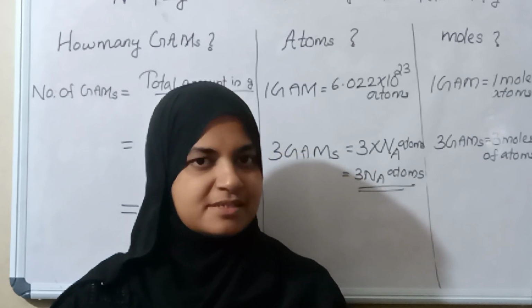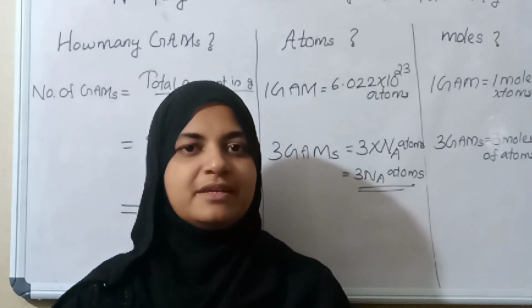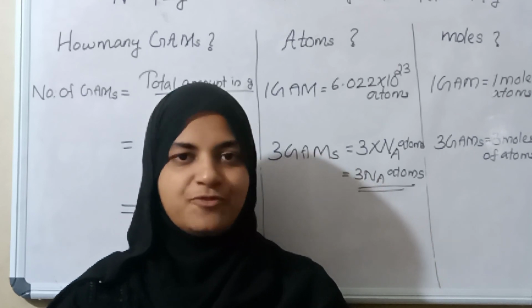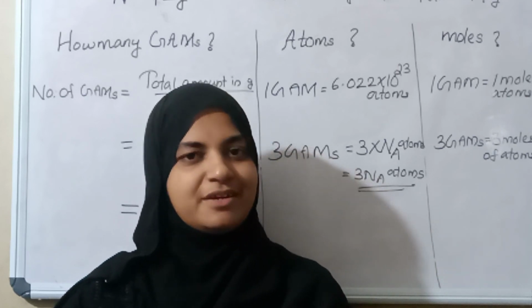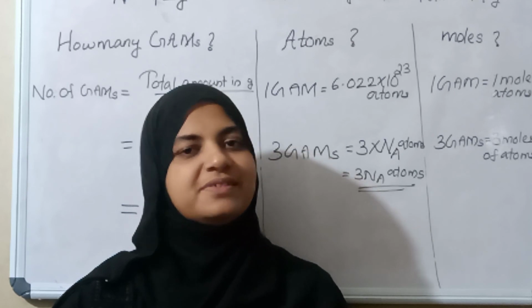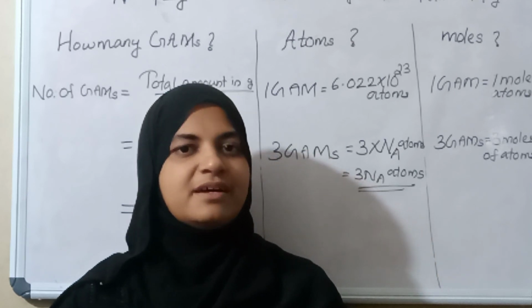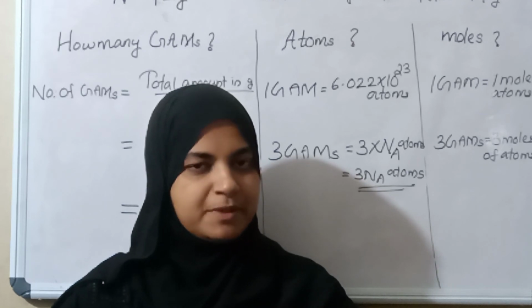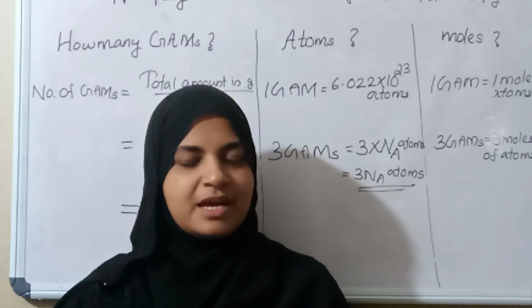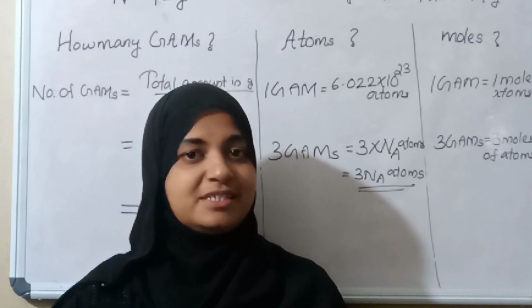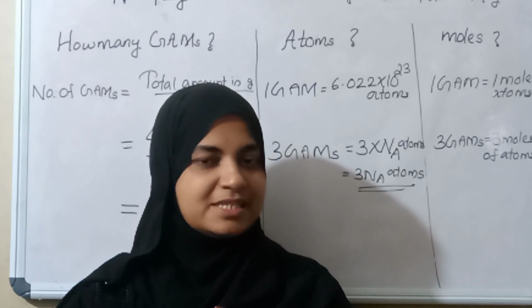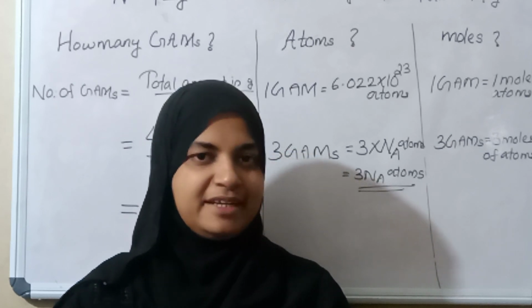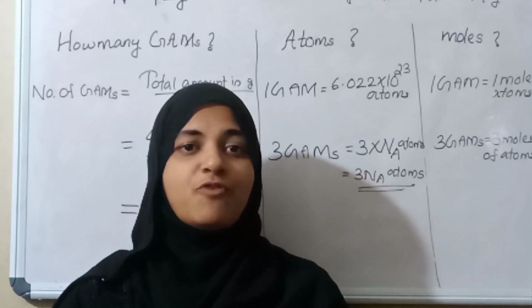This number was discovered by the scientist Avogadro. Therefore, 6.022 × 10^23 is known as the Avogadro number. It is expressed as N subscript capital A. Then this number is expressed by a term or a name, that is 1 mole.